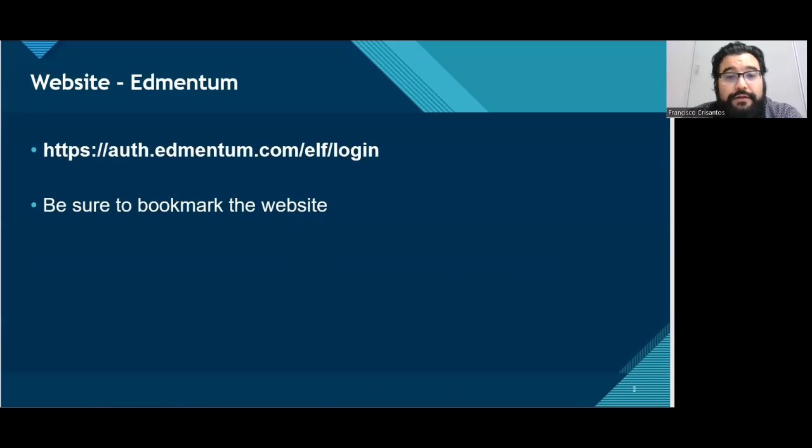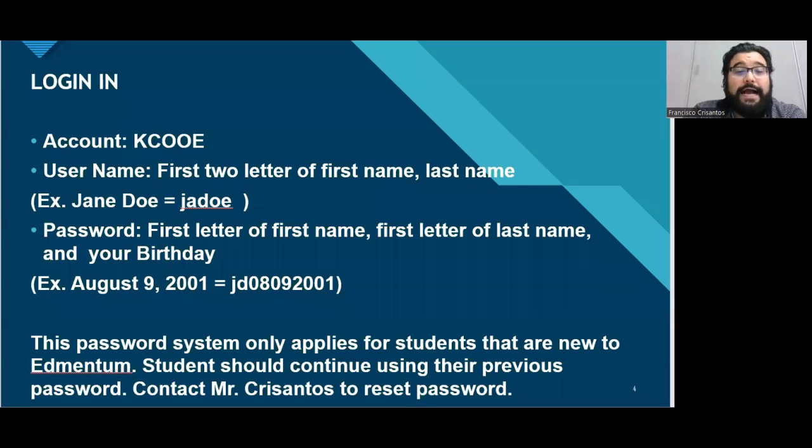I would highly recommend that your student bookmark this page so they can have easy access, especially if they're using their school email. They can save it to their Google account, so whenever they log into any other device, that bookmark will pop up and they'll be able to access their login information relatively easily. How do you access your Edmentum curriculum?